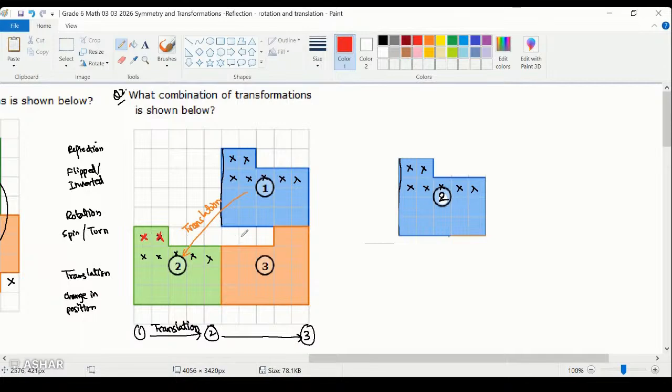Then we have 3 empty and 2 filled over here. So can we say this is an inverted image, flipped image, right? The shape on the left side is a flipped image of this shape. Perfect. And whenever we flip, what do we say? It is a reflection.